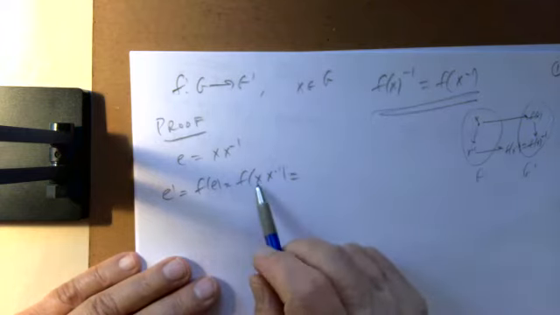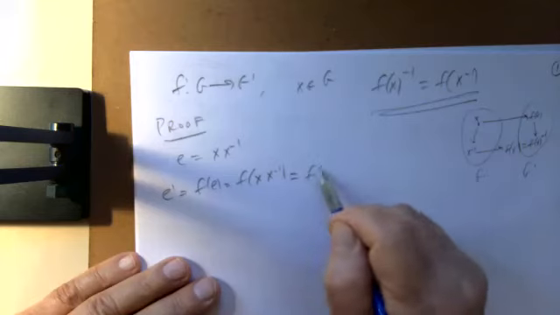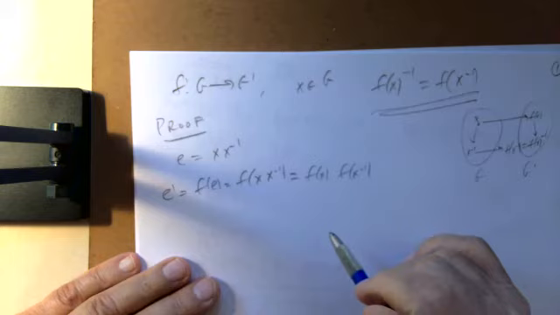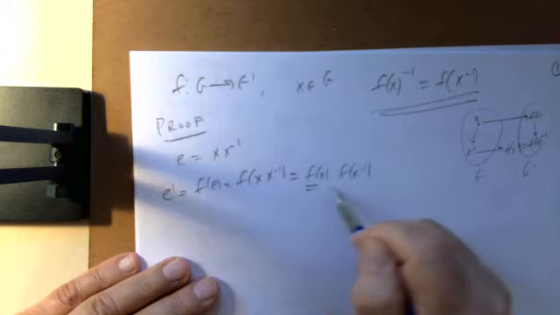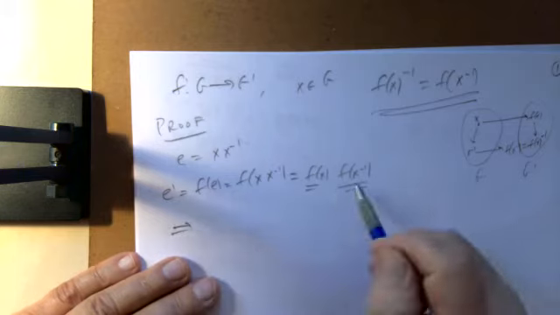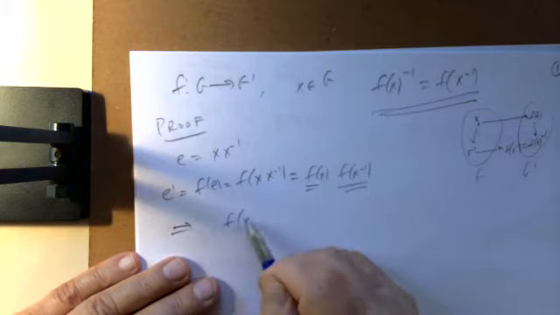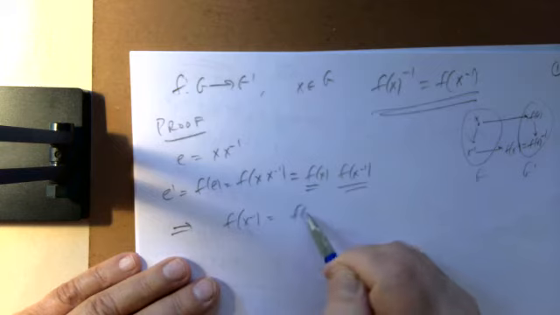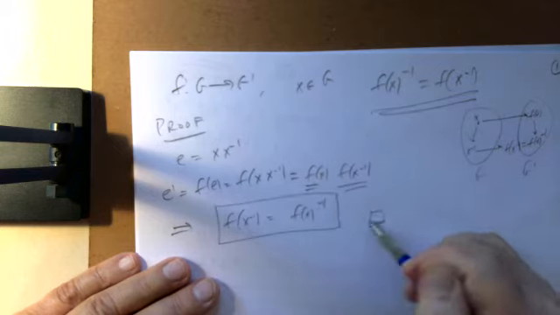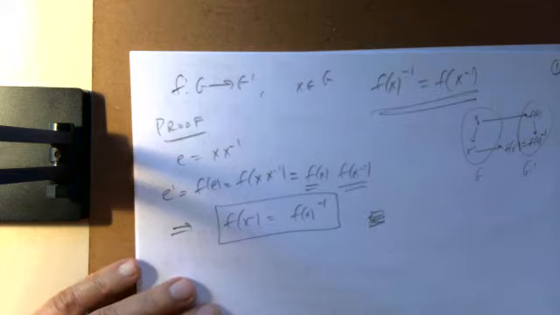And by the property of being a homomorphism, this is f of x times f of x inverse. So f of x times this element is the identity. That means f of x inverse is the inverse of f of x. And that's the whole proof.